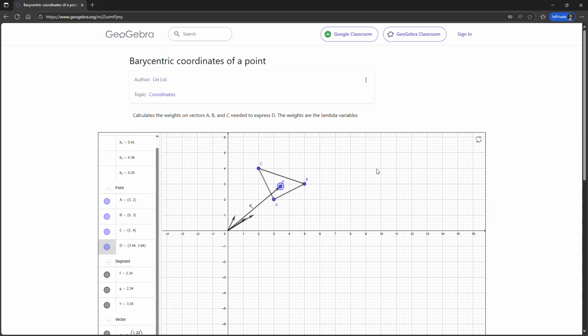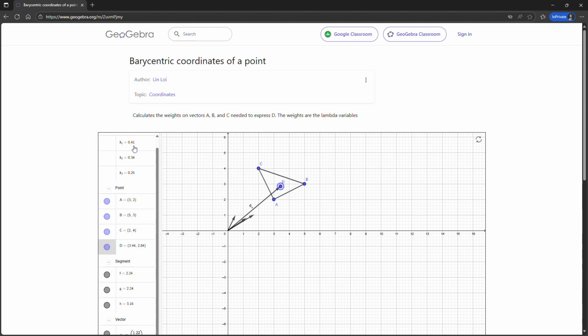I'll repeat. If you only have barycentric coordinates, if you only have the weights, you only have your position relative to the vertices of the triangle, but you don't know what the vertices of the triangle are. So for example, you know that you are 0.41 at this point D, right here.